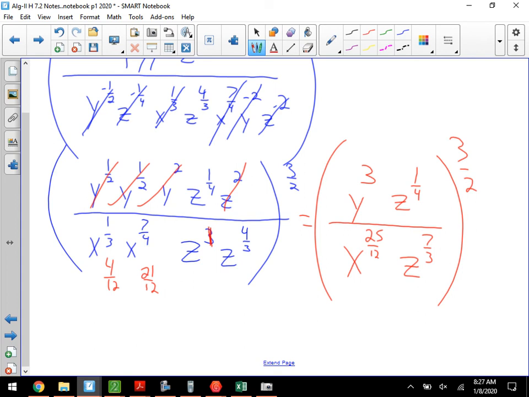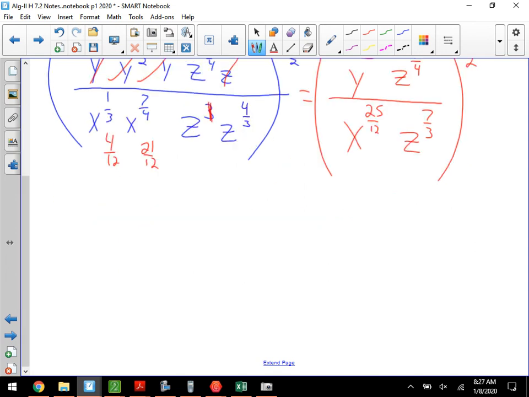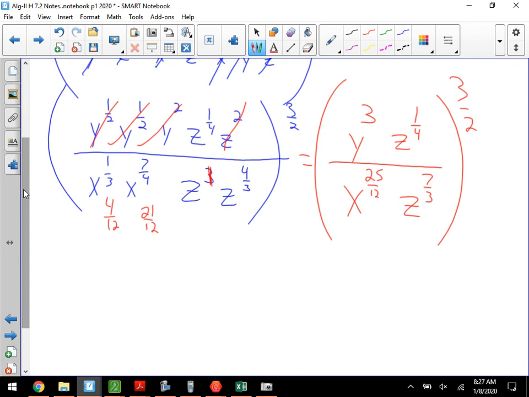Now you have two options. You can try to simplify them before you do the exponent, or take care of the exponent and then simplify. There's really no rhyme or reason which way is going to be easier than another. It just depends on how you want to go. I would probably just distribute my exponent and then take care of everything after that. So let's see, 3/2 times 3 for the y value gives me y to the 9/2. 3/2 times 1/4 becomes 3/8.